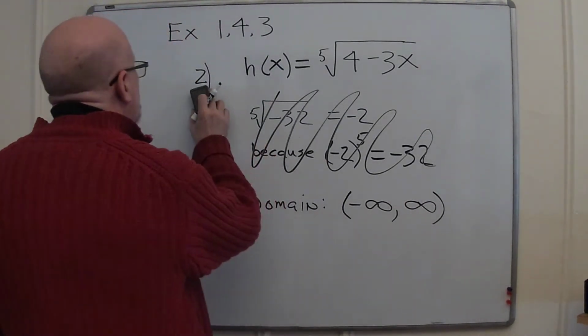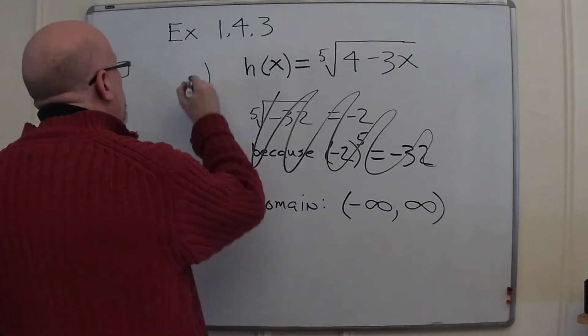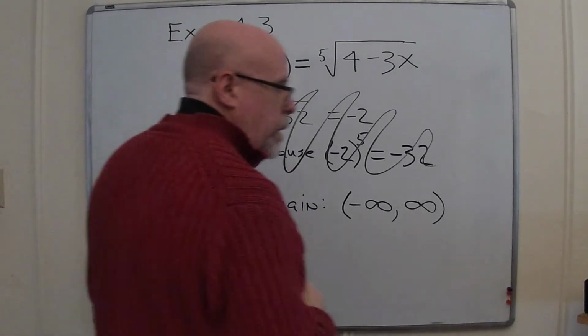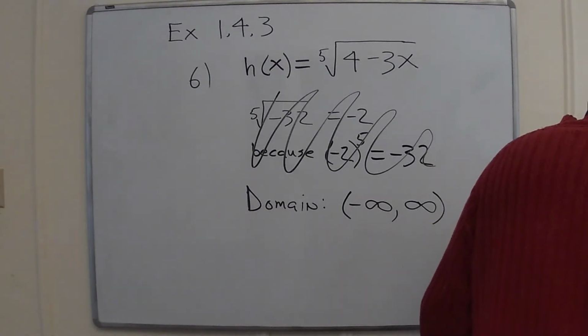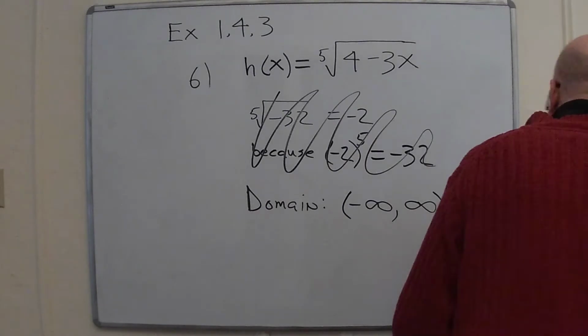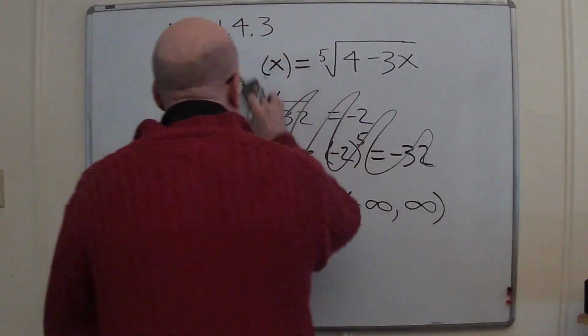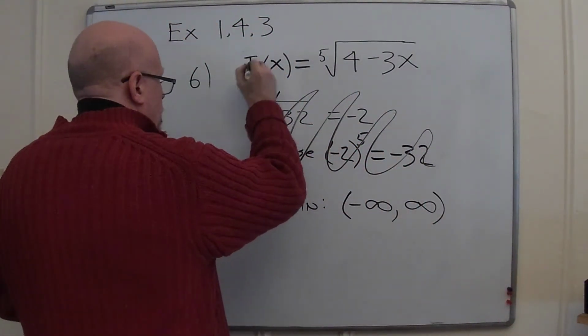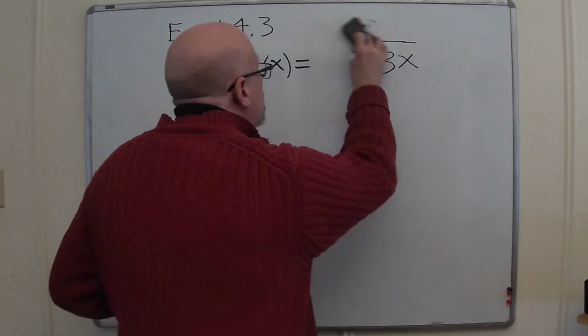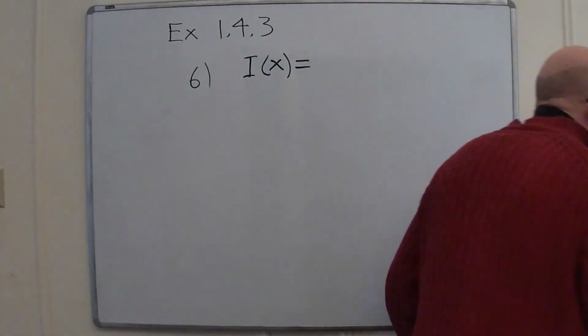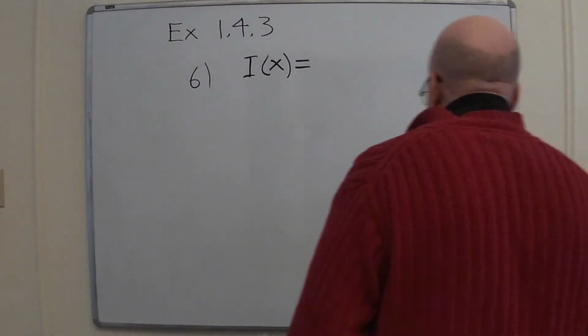Okay, the last one I want to do is the last one in the group. It's number 6. I think they ended up having to go to fairly unusual function names. Yeah, I of x, capital I of x. And the formula in this case is 3x squared over x.